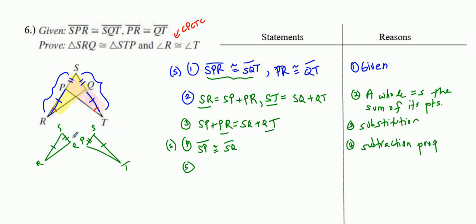And looking at the triangles separated, I noticed that angle S is really a part of both of those. It's one of the angles in both of those triangles. So since they overlap there, that'll give us an angle. Angle S is congruent to angle S by the reflexive property.